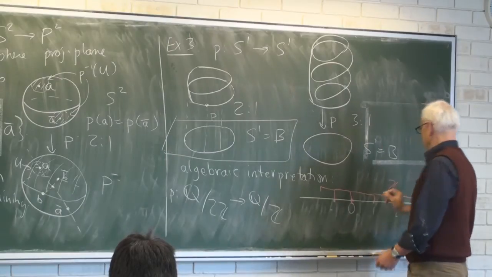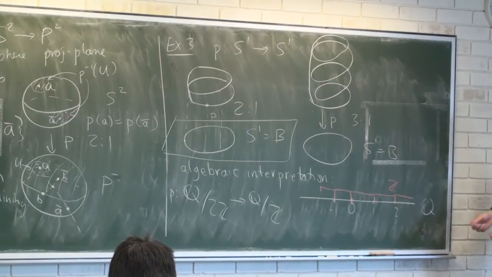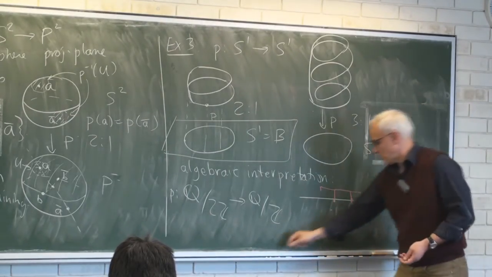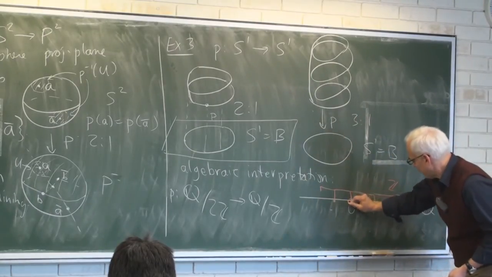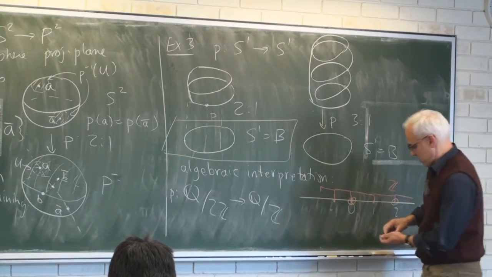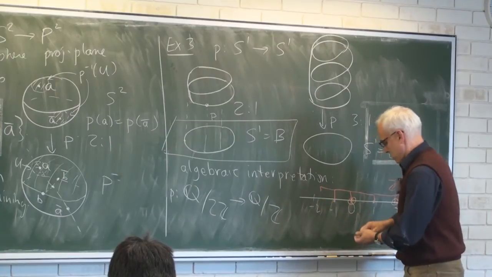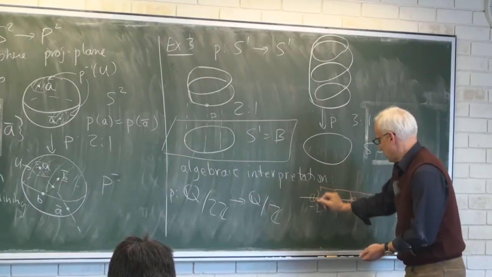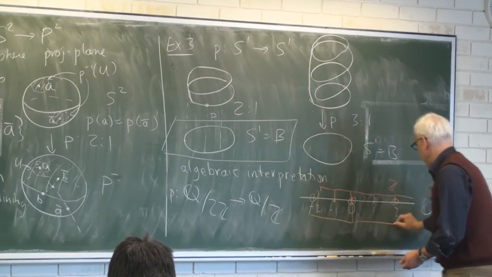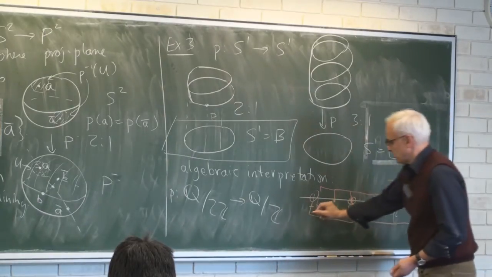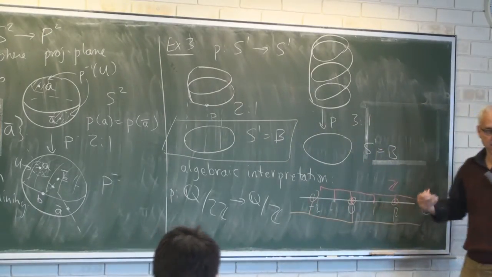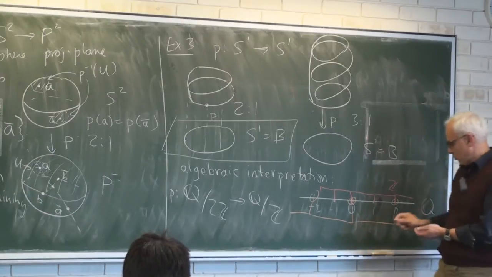That was the integers. But we can consider another kind of subgroup too. We could consider, say, 2Z, which consists of this one and this one, this one, and so on. I'll draw it down here. So this is actually a smaller subgroup containing fewer elements. That's the subgroup 2Z.